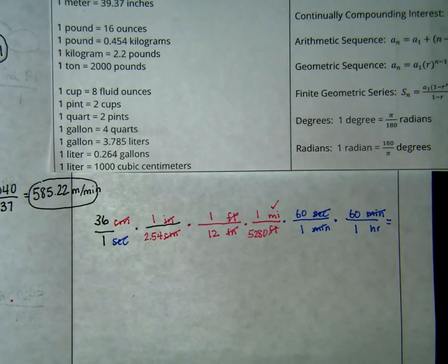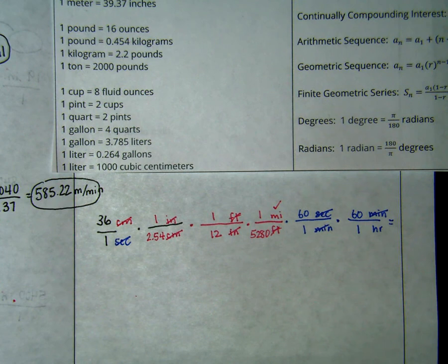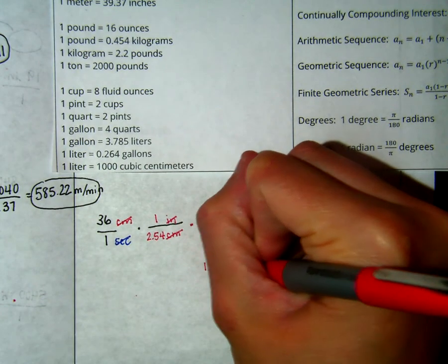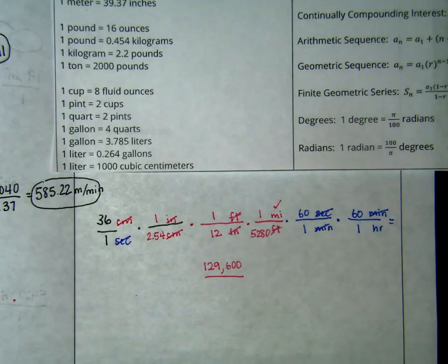Alright, I'm going to multiply everything on top. Remember, the ones, when I multiply, it doesn't change anything. So 36 times 60 times 60 gives us 129,600 over 2.54 times 12 times 5,280. And remember, multiplying by ones doesn't change anything.